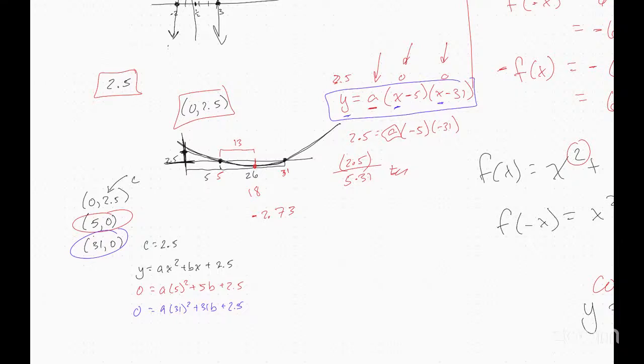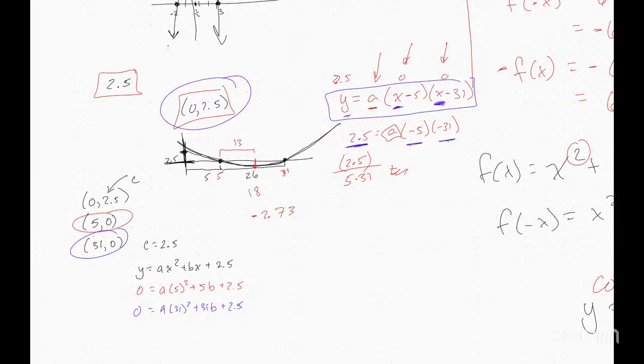So when I plug in 0 for x here and here, I get -5 and -31, and then 2.5 for y. And now I can solve for a. So a equals 2.5 divided by 5 times 31.